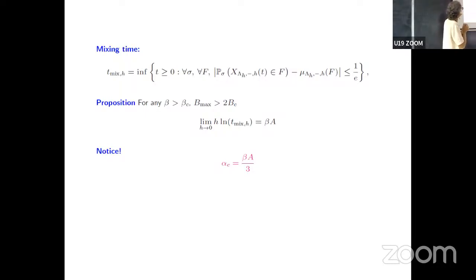You see that this time is exponentially large, e to the beta times a divided by H, where H is small, going to 0. It's interesting to compare this with the one of Schonmann-Shlosman. Theirs is smaller, it's one third of this. And you see, something's wrong. You are not getting the right time.